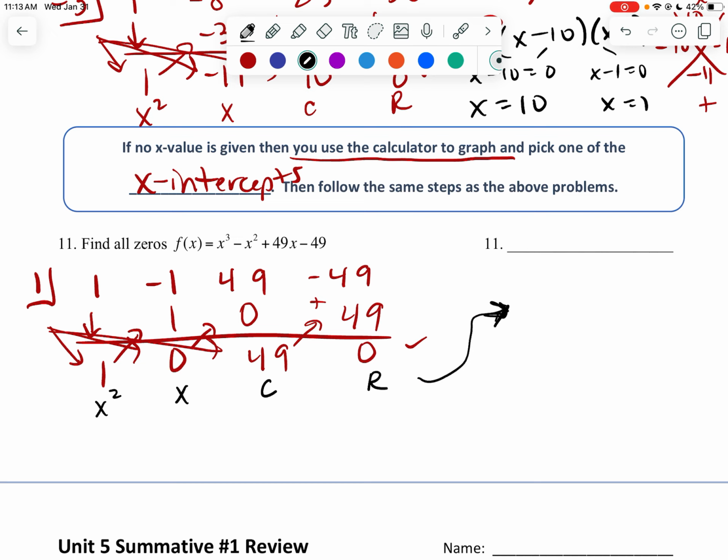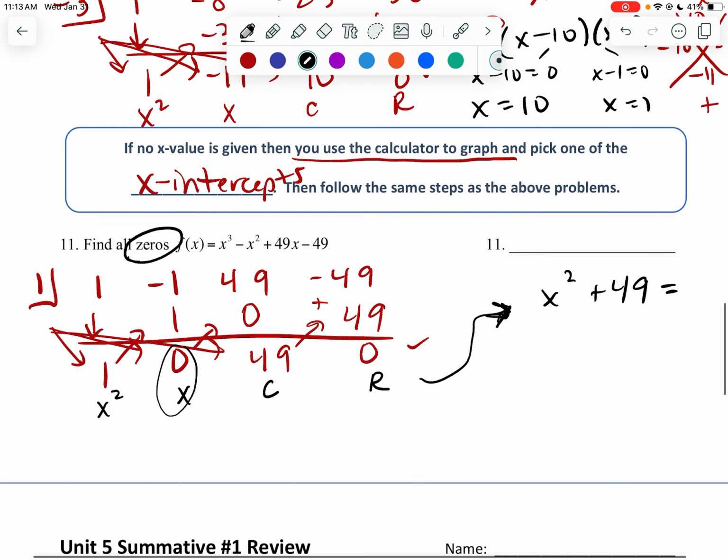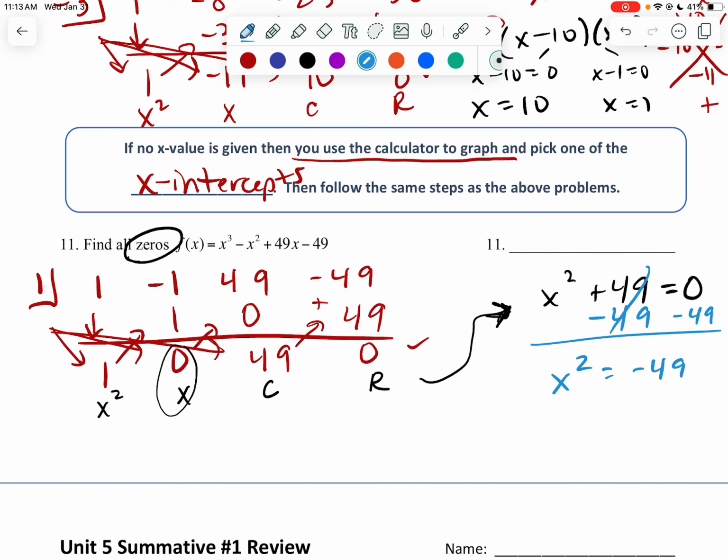When I go to write this one, that's bad. I have x squared. There is no x term, so I'm just going to skip that, plus 49. I want the zeros, so I'm going to set this equal to 0, and I need to solve it. I can't factor that one, so I'm just going to straight up solve it using square roots. So square root both sides.